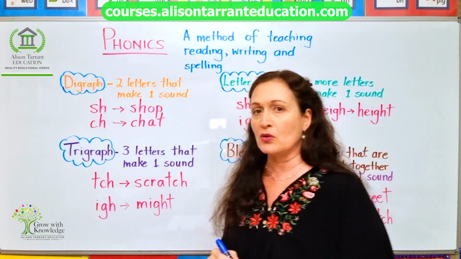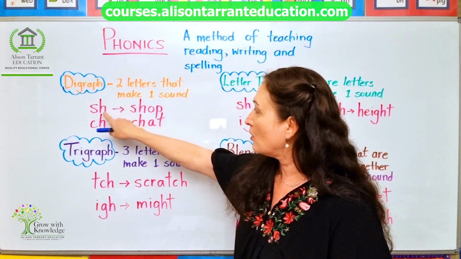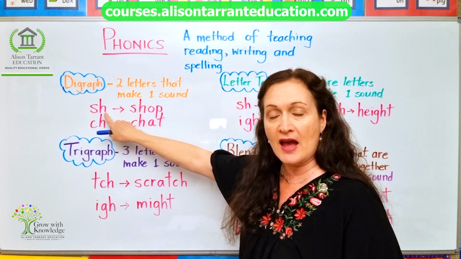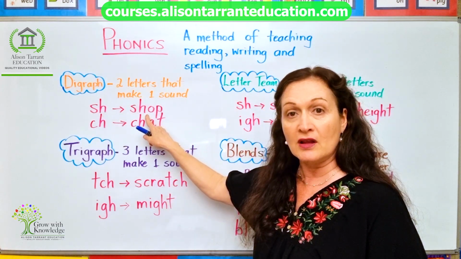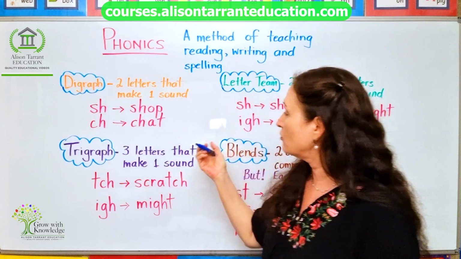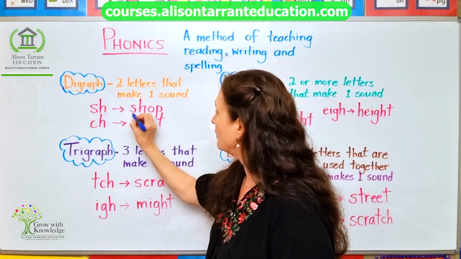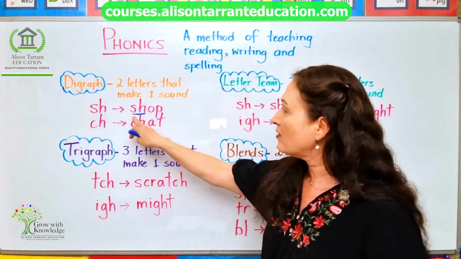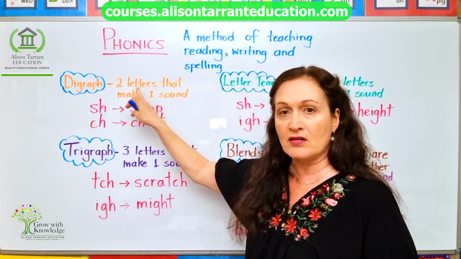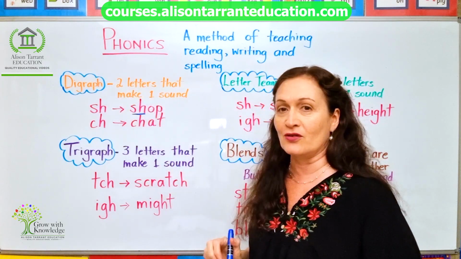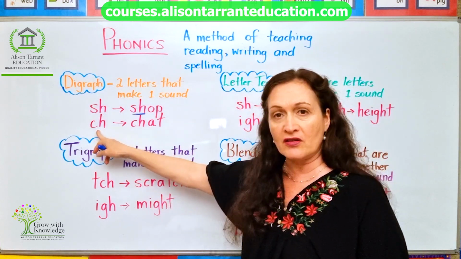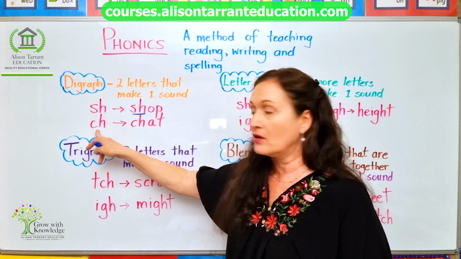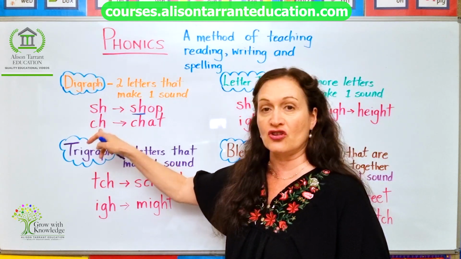So for example, you have a digraph here which is SH, and the digraph in this word is obviously SH. So I just want to underline that, because SH is two letters and it makes one sound. Now in the second example, we have two letters again, which is CH, and this says ch.